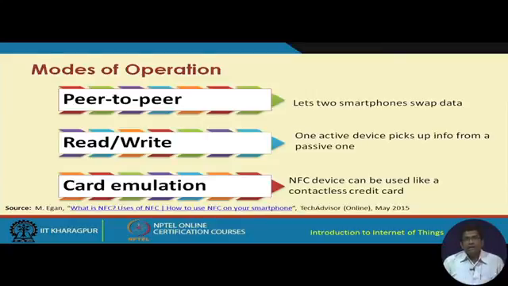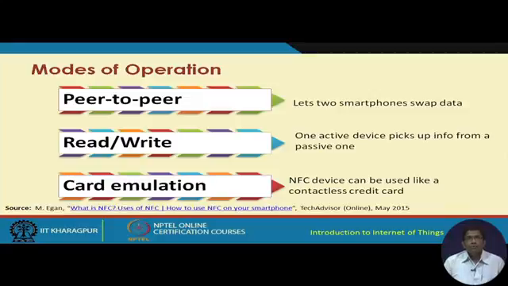There are primarily three modes of operation of NFC. The first is the peer-to-peer mode, the second is the read-write mode, and the third is the card emulation mode. In the peer-to-peer mode, two smartphones can, for example, swap data between themselves, and this particular mode helps these two smartphones to be able to exchange data between themselves.